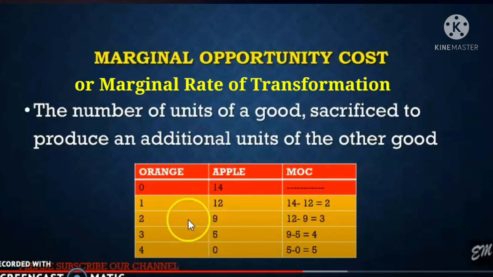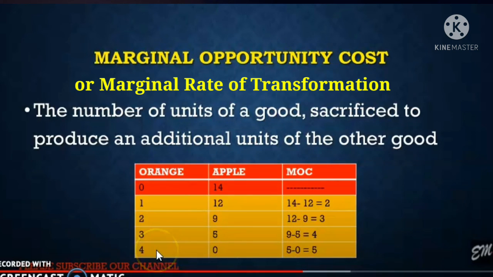Then at level C, 2 units of oranges have been produced and 9 units of apples. So how much is sacrificed? It's 12 minus 9 equals 3. Here 3 units of oranges are produced and 5 units of apples. Then how many units are sacrificed? It is 4.